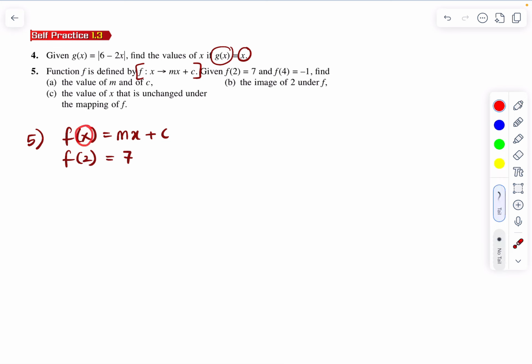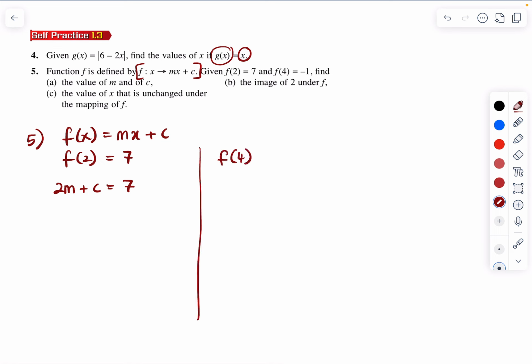If f(x) is mx plus c, f(2) will be 2m plus c equals 7. Okay, let's look at what is f(4). So they said f(4) is negative 1. Substitute 4 inside here and you get 4m plus c equals negative 1.